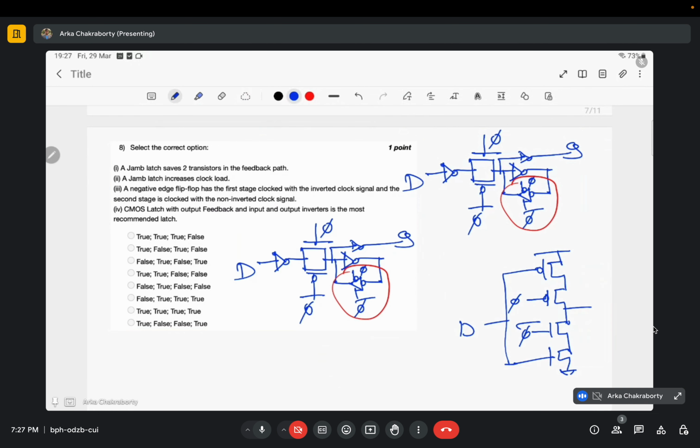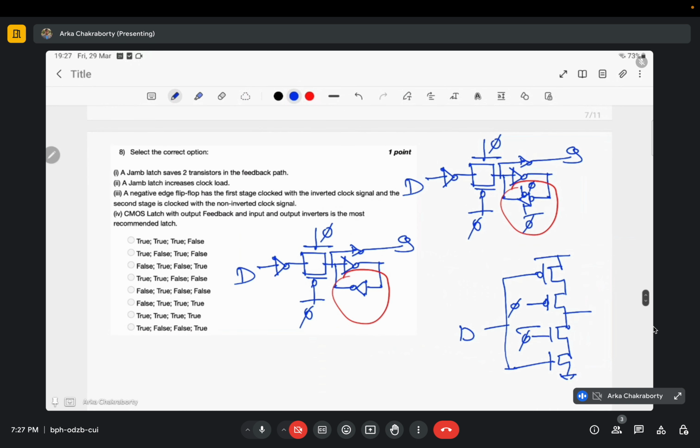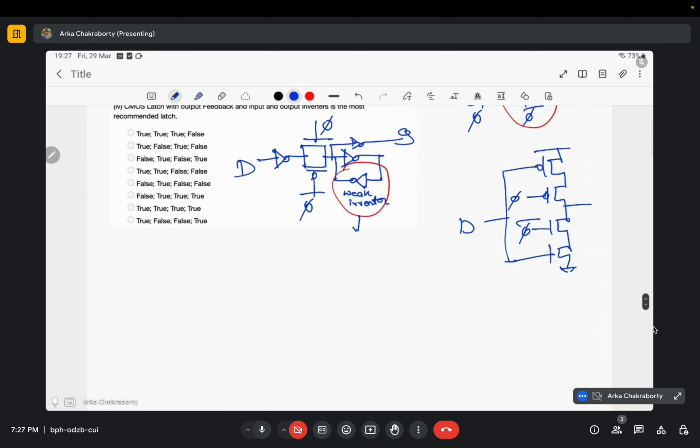The only difference is, instead of a tri-state mux, it will be a weak inverter here. So if it is an inverter, what will be the circuit? This will be the circuit. But simple, only the sizes should be small because I want a weak inverter here.